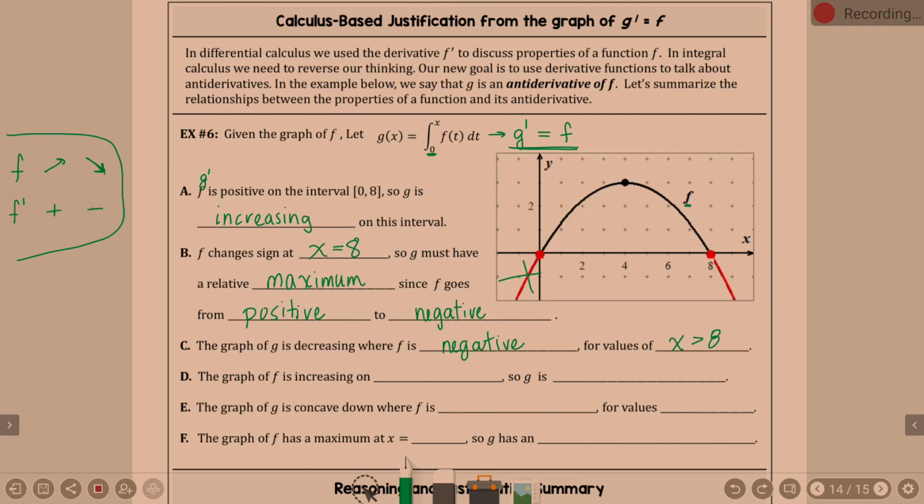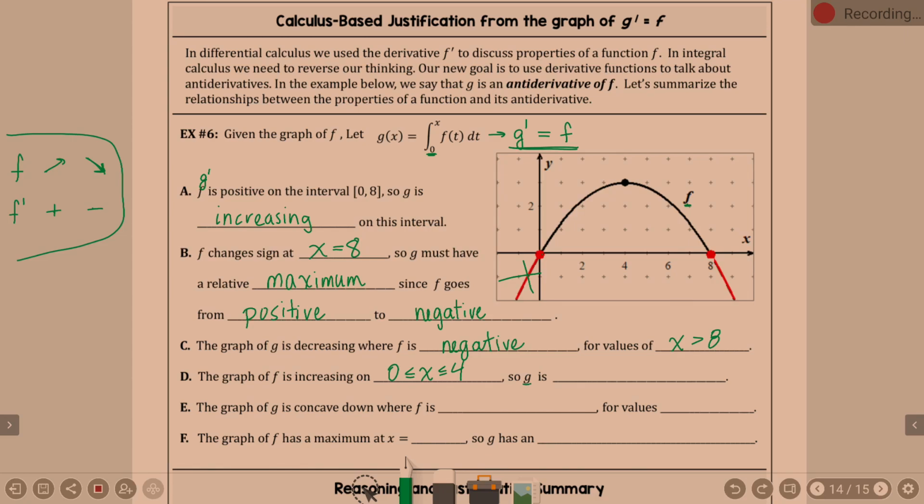The graph of G is increasing on, where is F increasing? 0 to 4. So G is, well, F is concave down right here, but that's not what it's asking.